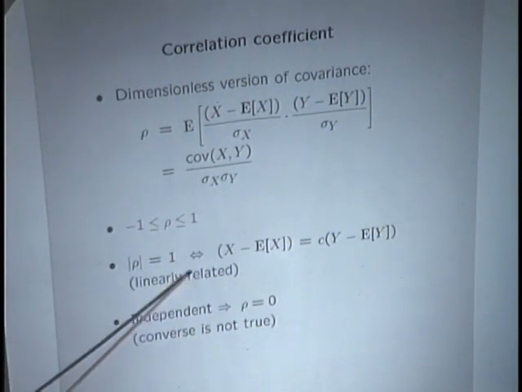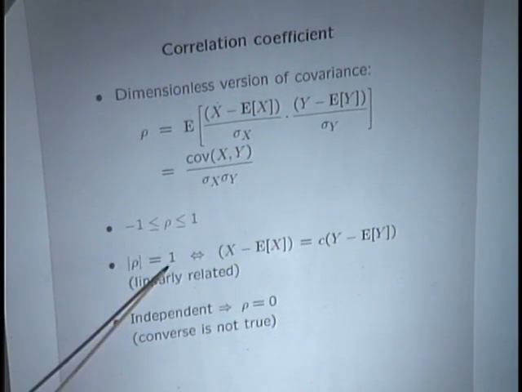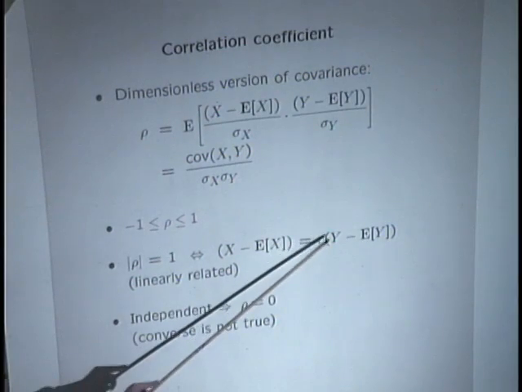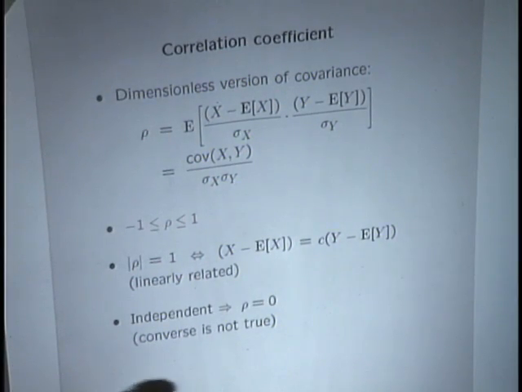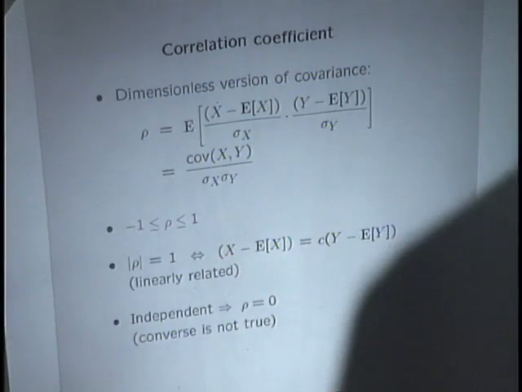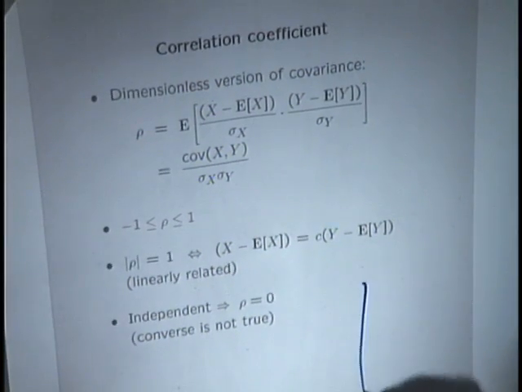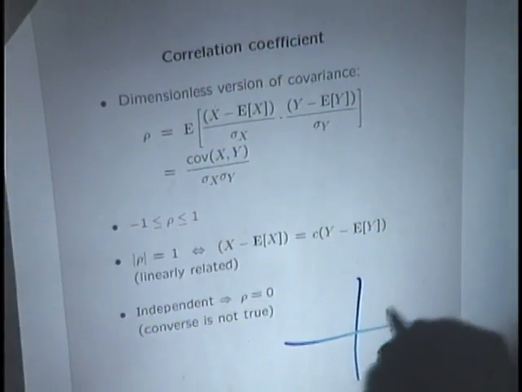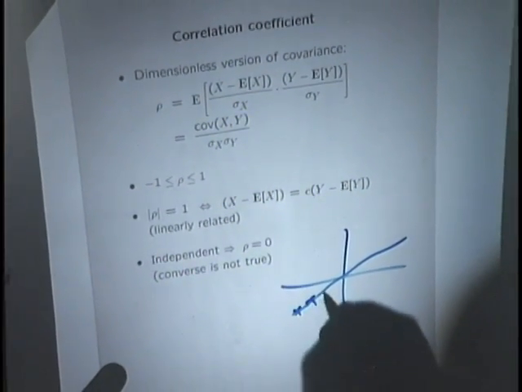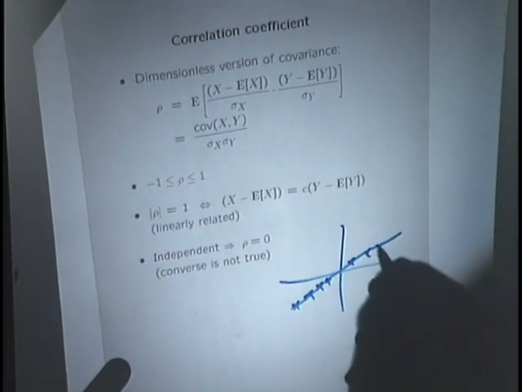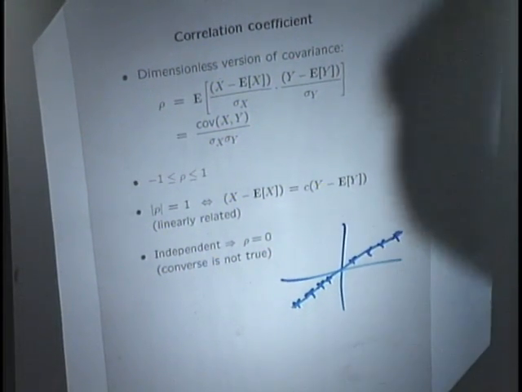So the case of a complete correlation is the case where one random variable is a linear function of the other random variable. In terms of a scatter plot, this would mean that there's a certain line and that the only possible xy pairs that can happen would lie on that line.